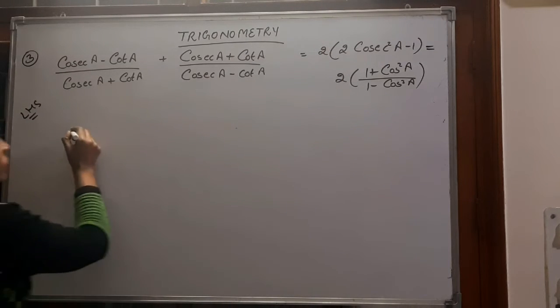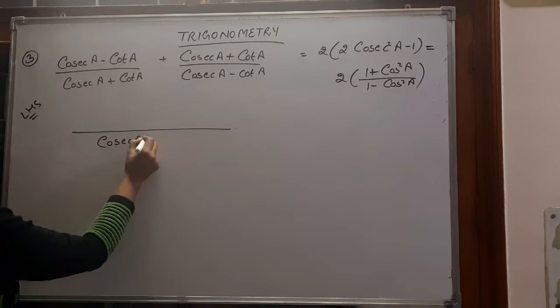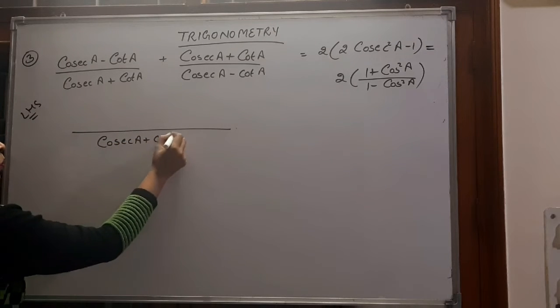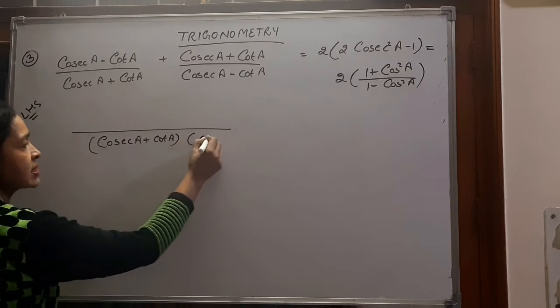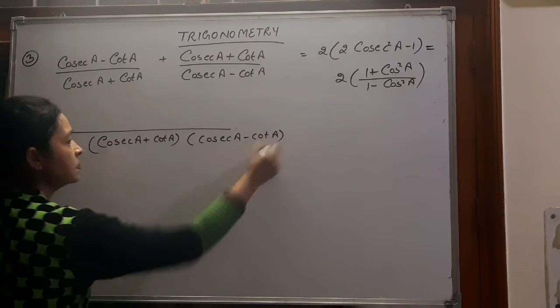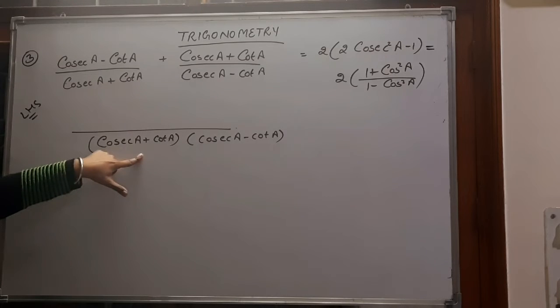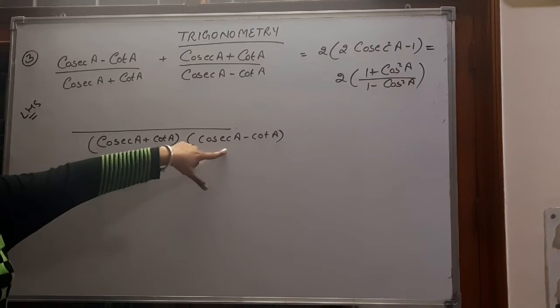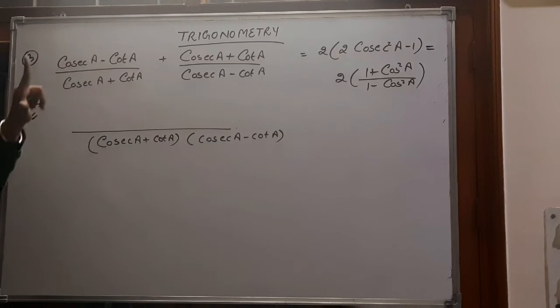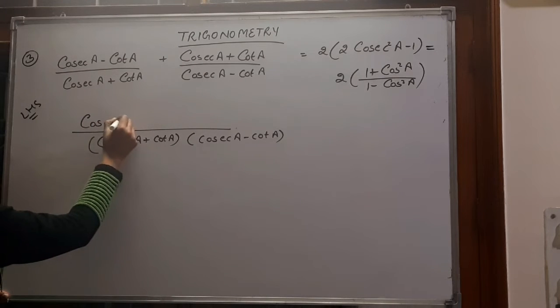First step, take LCM. Cosec A plus cot A is one term, and cosec A minus cot A is another term. We have cosec A plus cot A in the denominator, so we multiply cosec A minus cot A with cosec A minus cot A. What do we get?